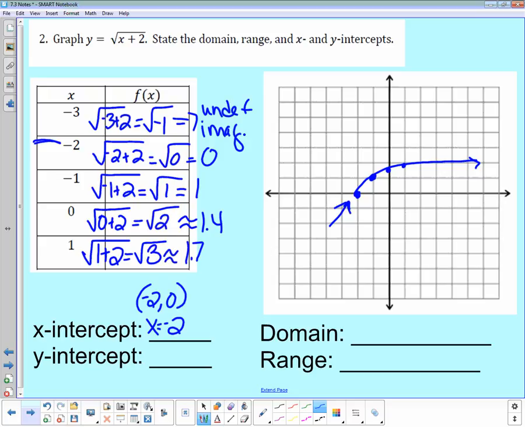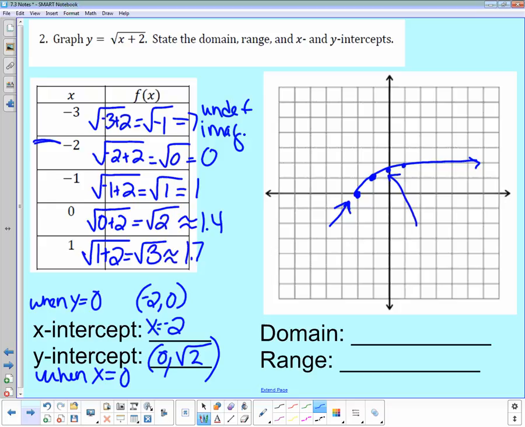Basically, your x-intercept is when y equals 0. And your y-intercept is just the opposite, when your x equals 0. So when x equals 0, you notice this point right here. Remember, our y value at 0 was around 1.4, or the square root of 2.